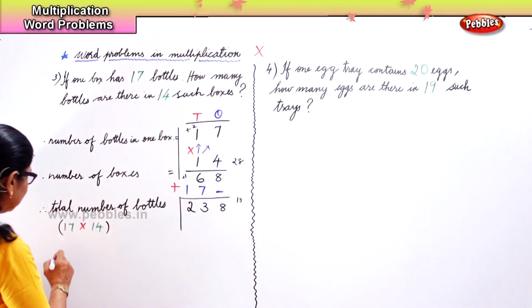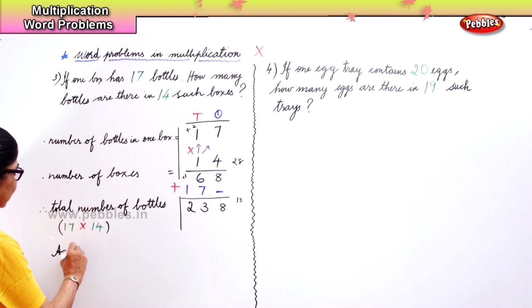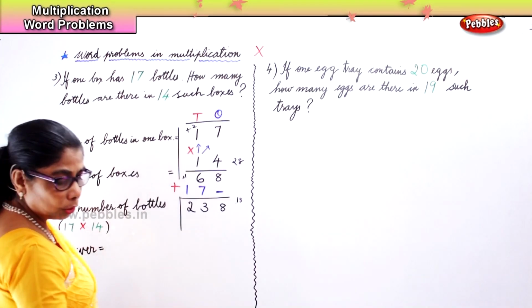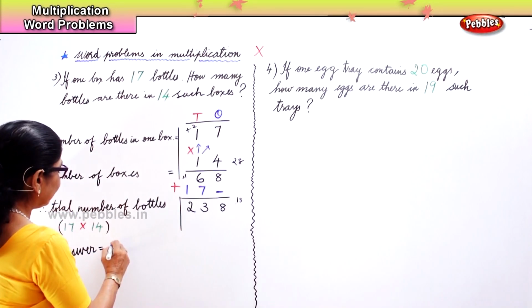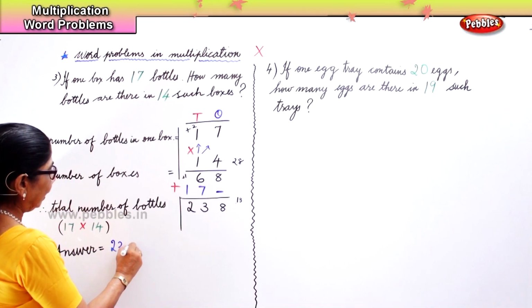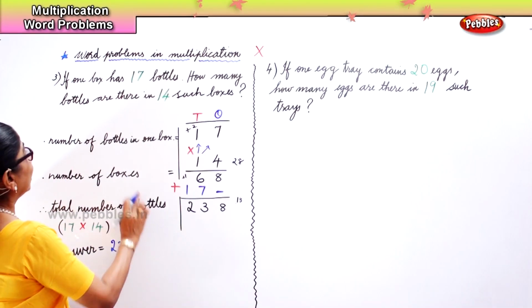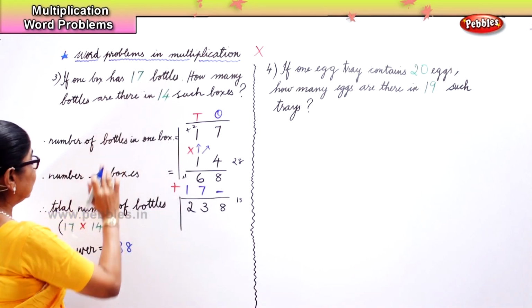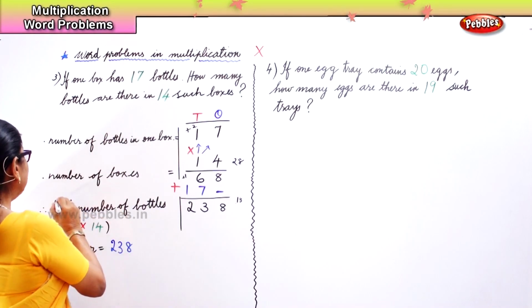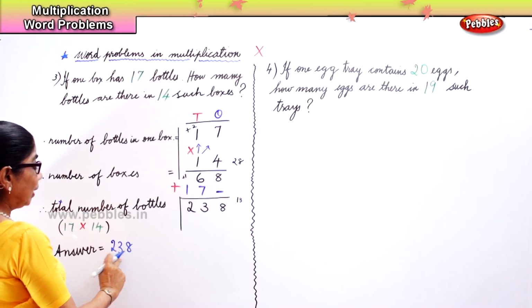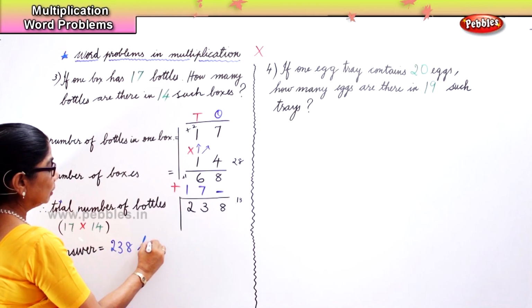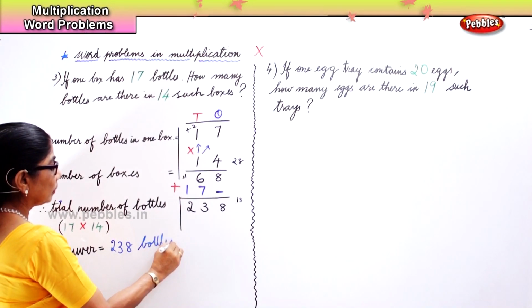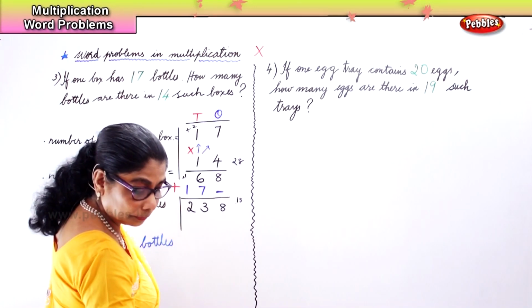So what is your answer? Your answer is 238. How many bottles? Total number of bottles. So 238 bottles.